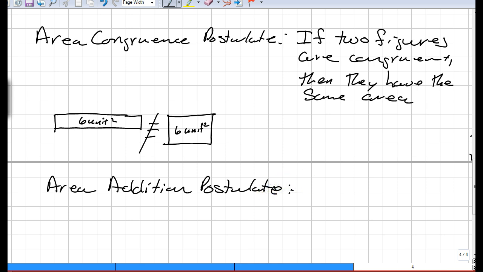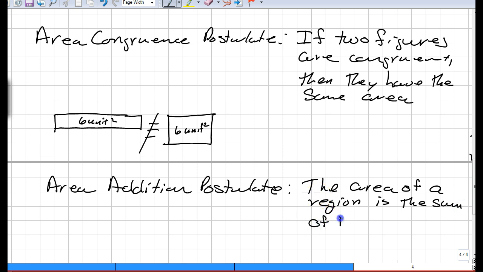Okay, and it says the area of a region is the sum of the areas of its non-overlapping parts.